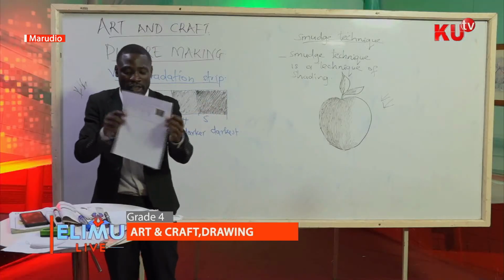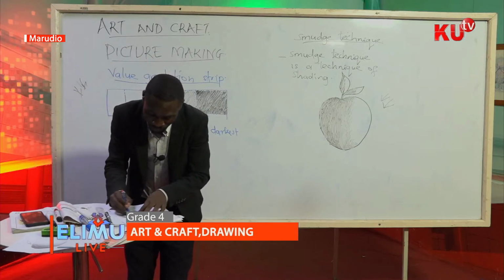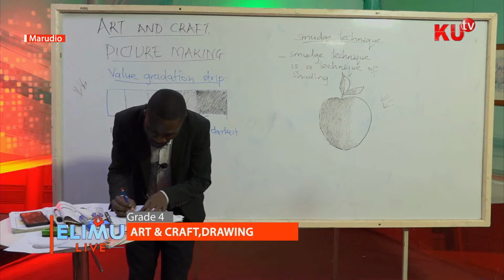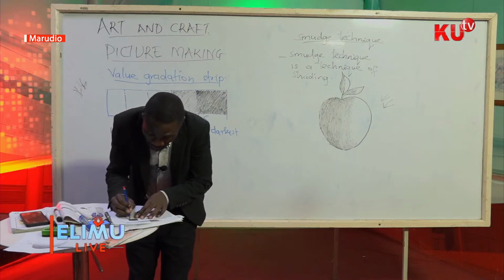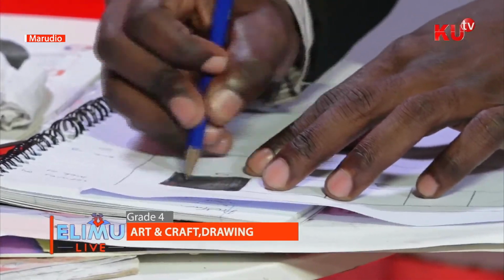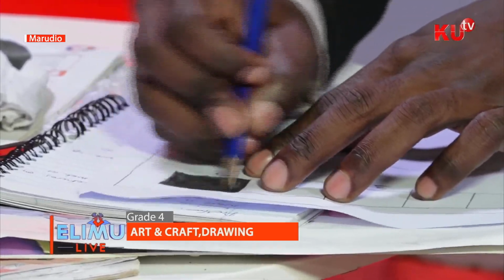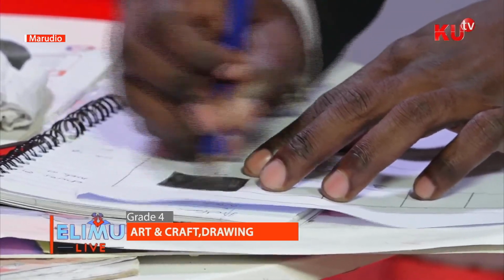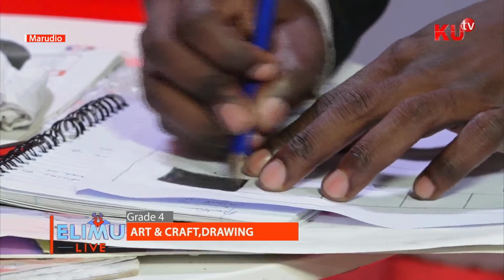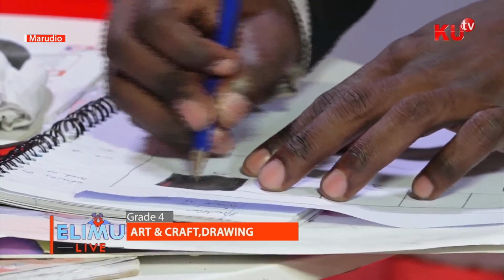We want to make it appear very dark. So we are shading. Remember, it's the smudge technique, a technique of making pictures through drawing, and in this technique we shade.